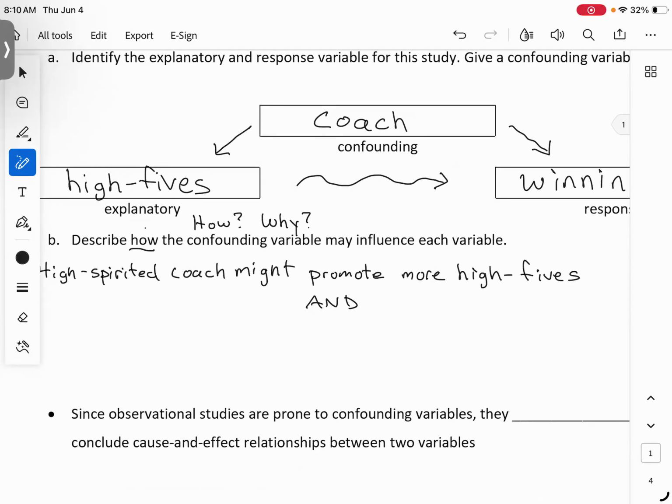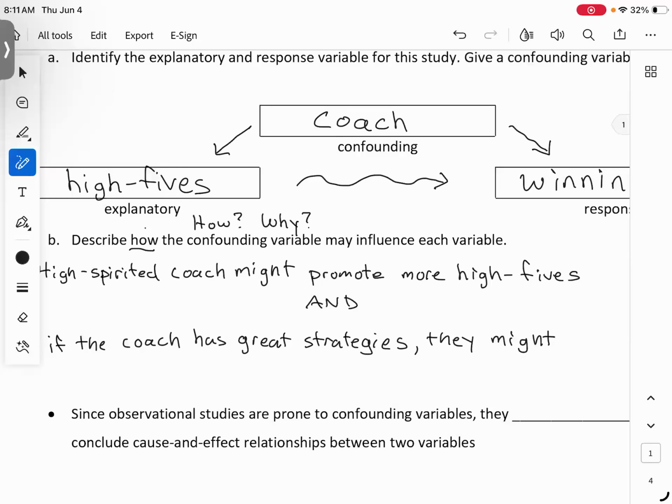and if the coach has great strategies, they might win more often.